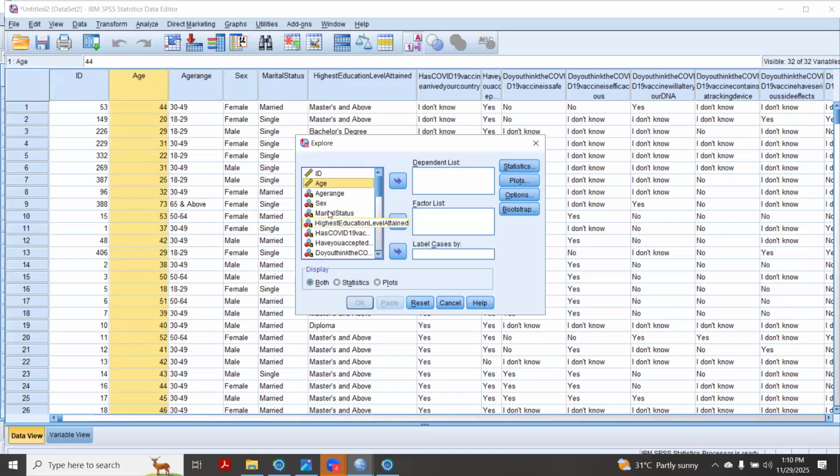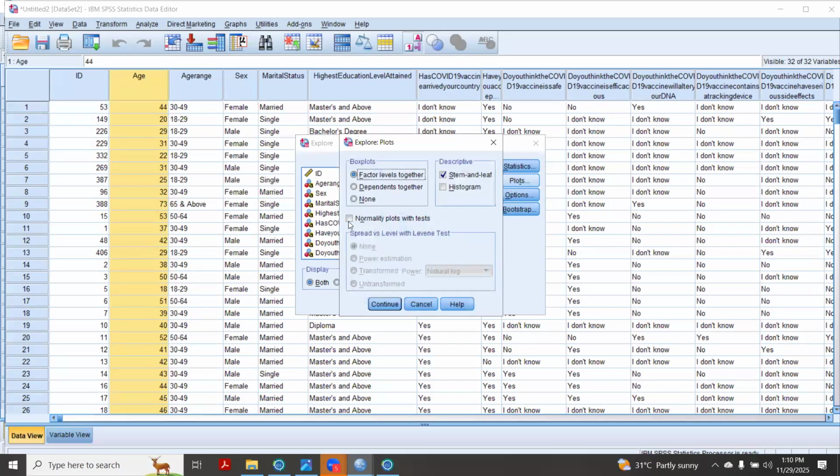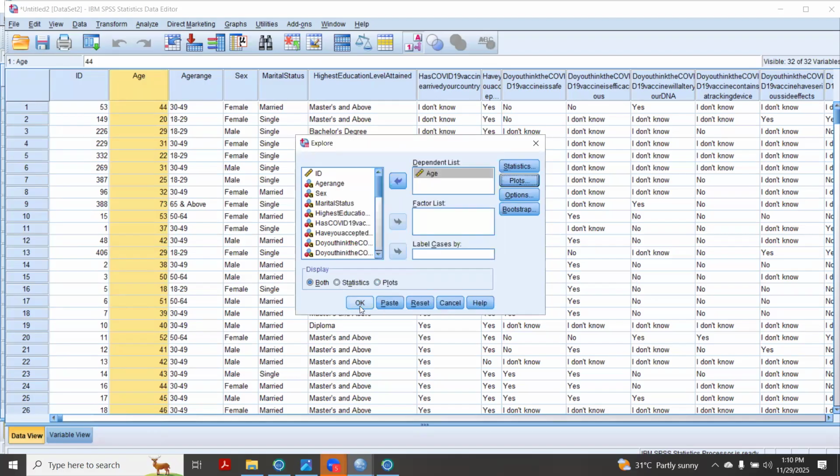So to do the Shapiro-Wilk or the Kolmogorov, you just put your age, which is a continuous variable, in your dependent list, and you come to Options, I think Plots, and choose normality plot with test. That's all you do. You continue and say okay.